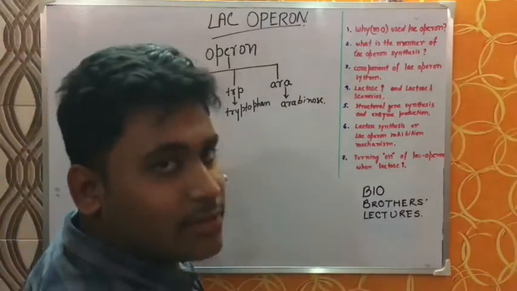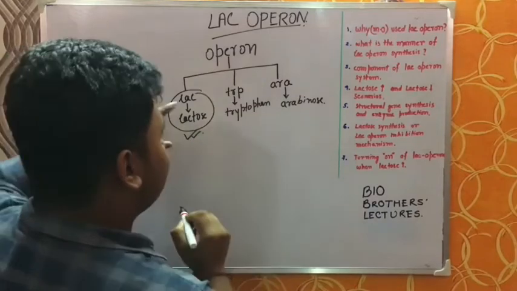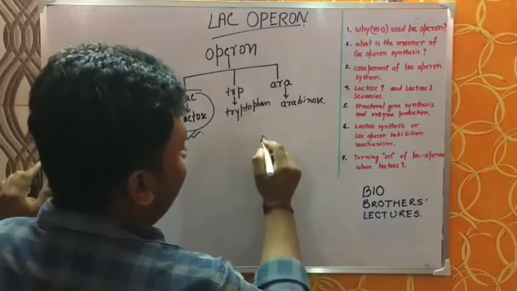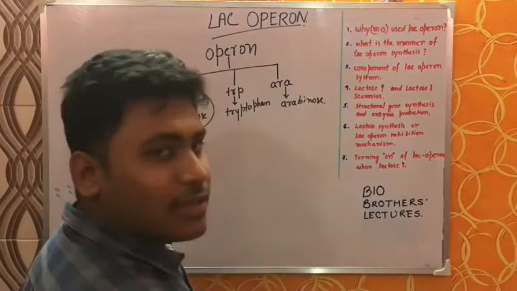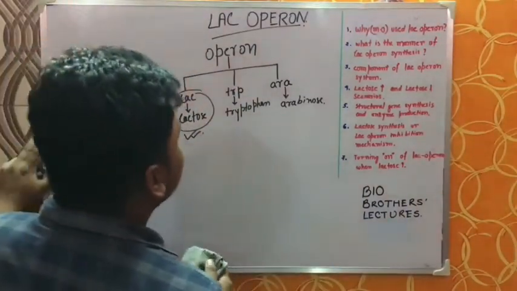In our syllabus, only the lactose operon is there, so we are going to discuss this only. And trp and ara are in higher studies, BSc. So let me copy it.